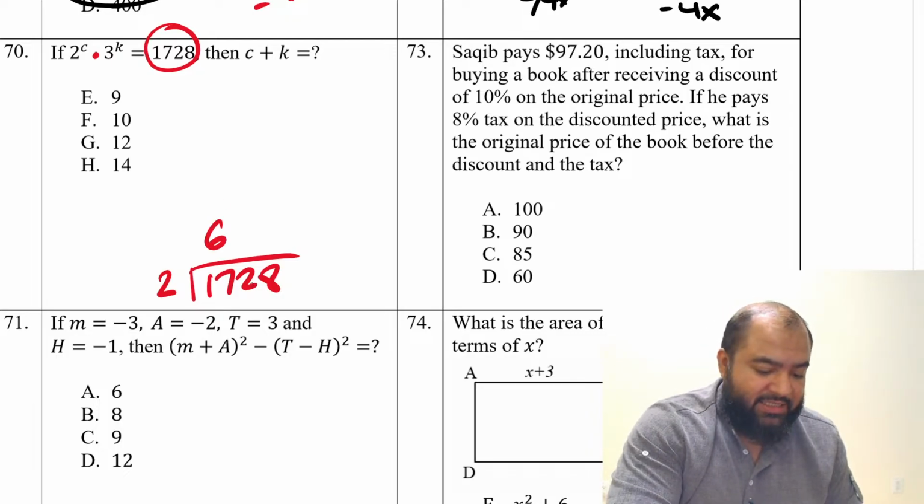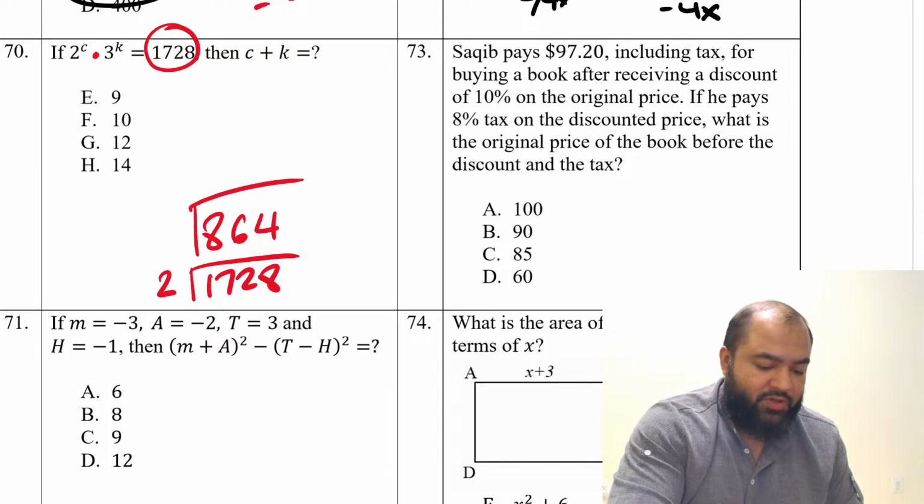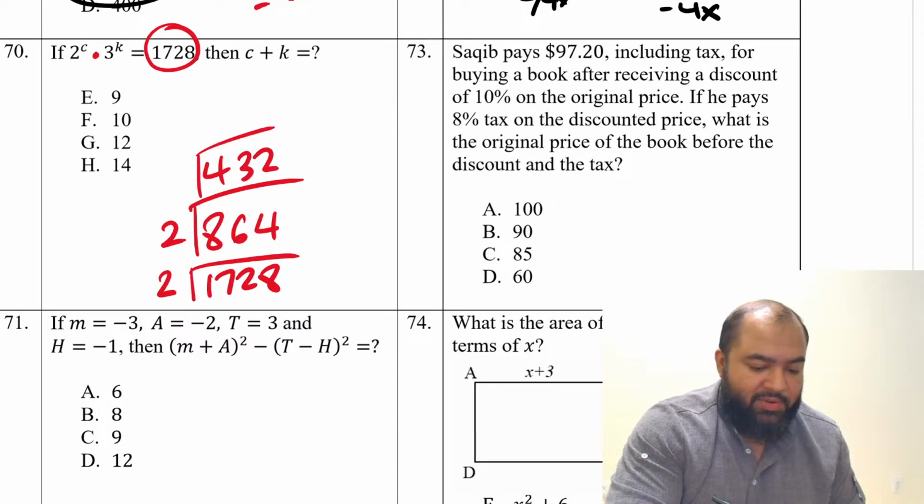So I'm supposed to get 8, yeah. 8 times 2 is 16, and then 6 and 4. Divide by 2 again, 4, 3, 2. Can I divide by 2 again?